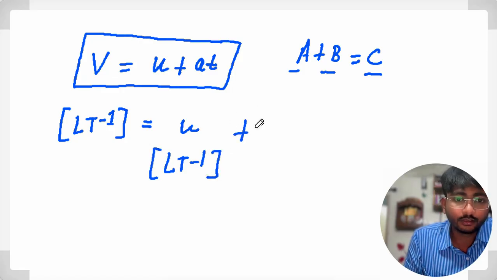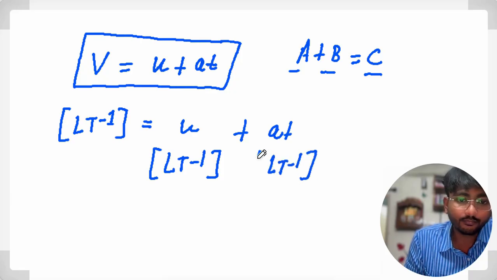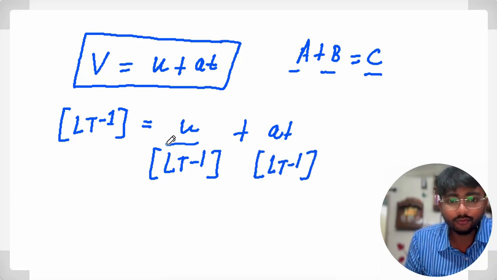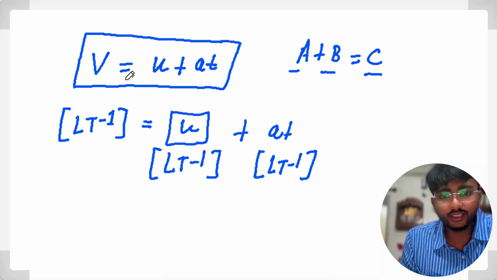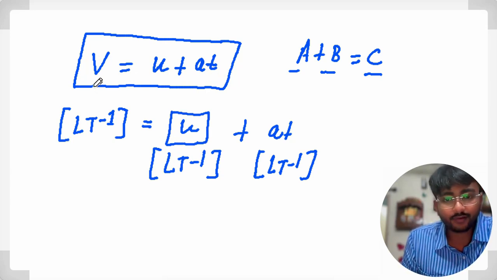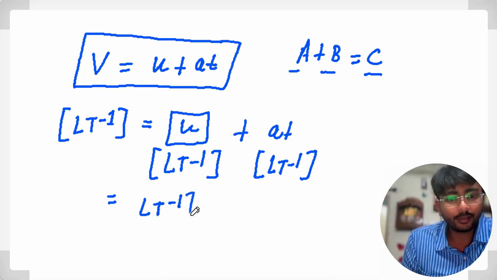And the dimension of at will also be L t to the power minus 1. And u is what? In v equal to u plus at, v is the final velocity and u is the initial velocity. So that's why we can also say that the dimension of u is L t to the power minus 1.